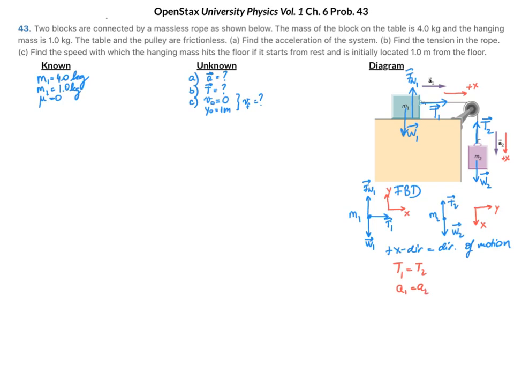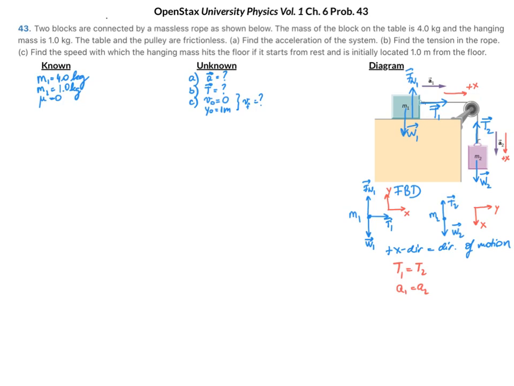I just wrote them as scalars, not as vectors, because it's easier for us to picture it as directionless, especially since we have tension 1 going to the right and tension 2 going up. So these guys are in opposite directions, really. It's simpler to just have T1 equal T2 in magnitude and A1 equals A2 in magnitude. We'll have to pay attention to directions.